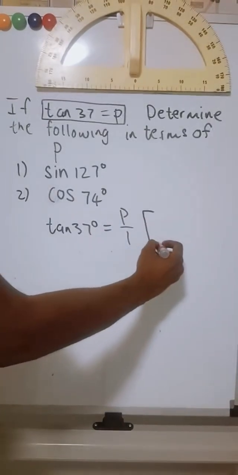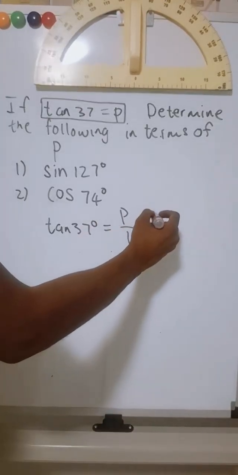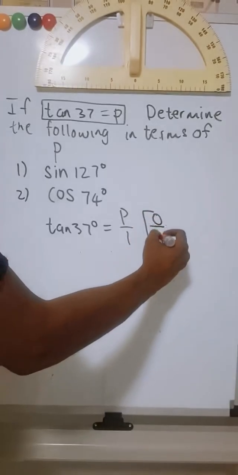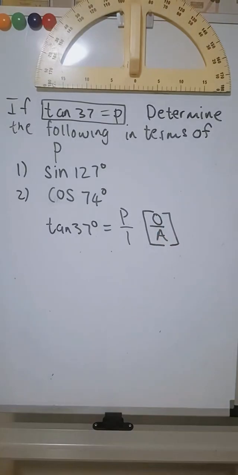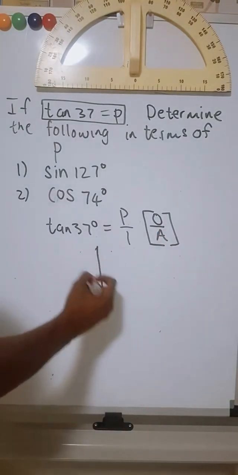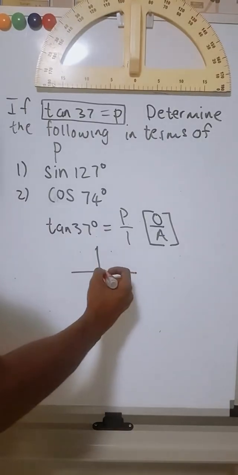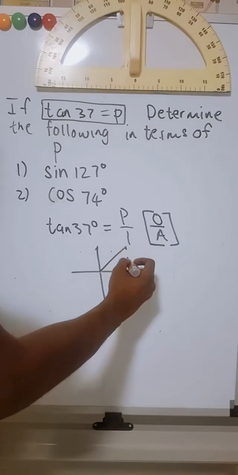That tells us a few things. P, obviously the definition is opposite over adjacent. So we can intentionally decide that we are going to draw a diagram with a terminal arm in the first quadrant.